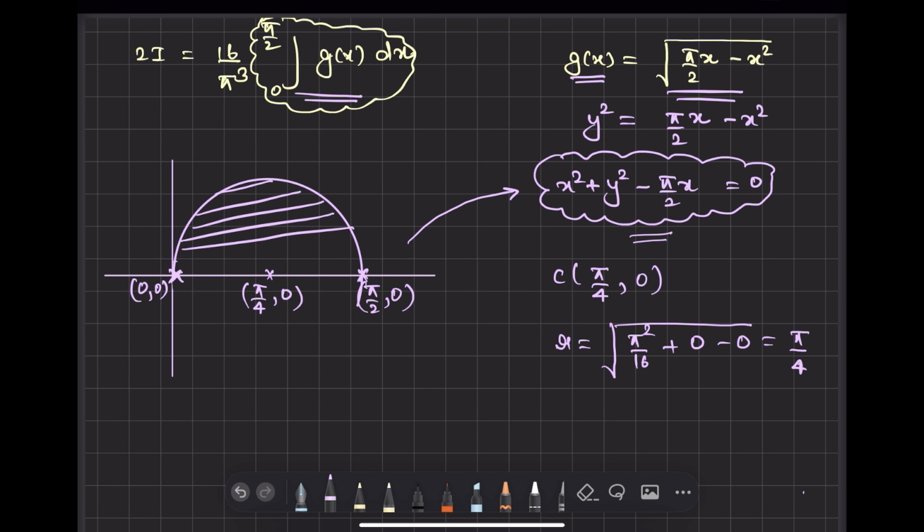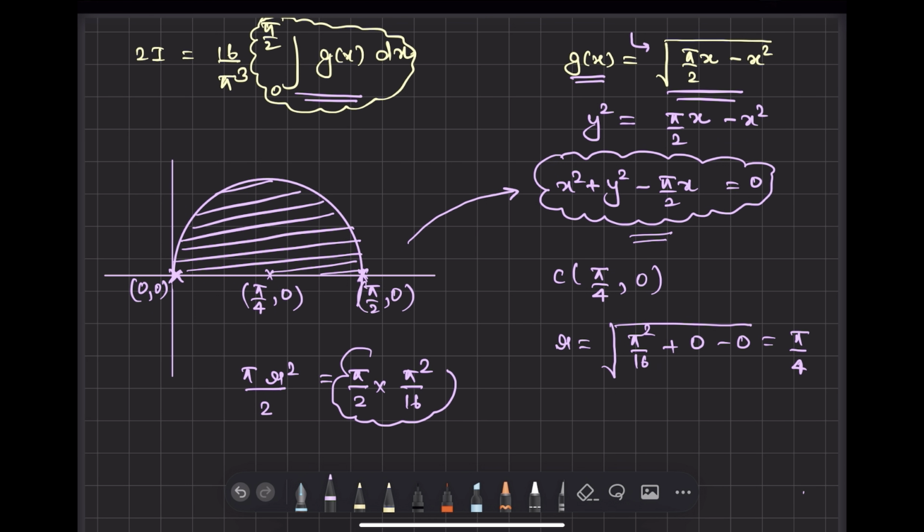Okay, so do you remember how to find this area? Either you integrate this, or you find the area of the semicircle. You know that the area of a semicircle is pi r square by 2. So pi is pi, 2 is 2, and r square is what? Pi square by 16. Is that okay? So this is the area we got.